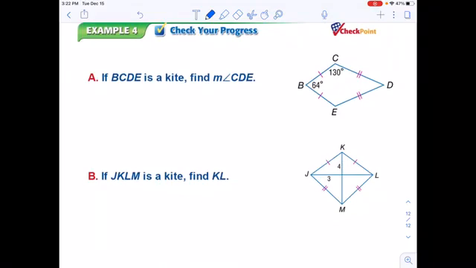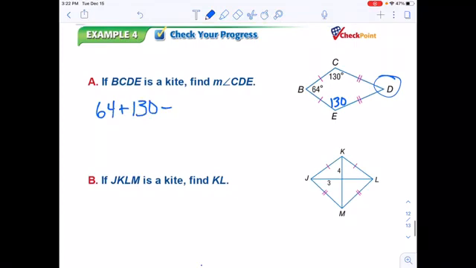And then if BCDE is a kite, find the measure of angle CDE. These are very similar to the last ones. We're trying to find this one. So you go ahead and add those up. And then subtract them from 180.